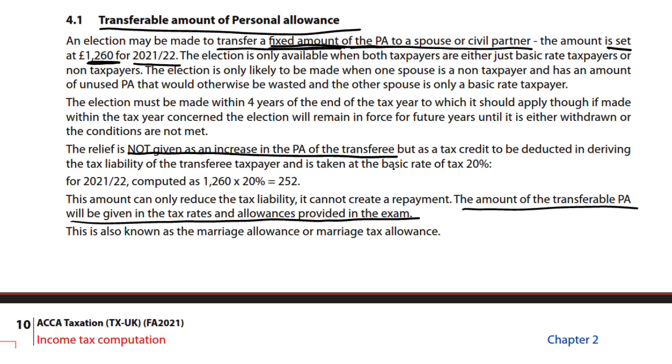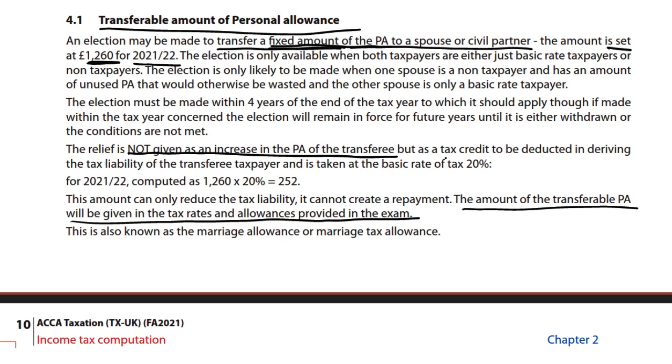So they've got a lower personal allowance by that sum. But we don't then give that £1,260 as an increase in the personal allowance of the transferee, spouse or civil partner. Instead, what we do is to give that transferee a reduction in their tax liability. A tax credit is provided to them to reduce their tax liability.